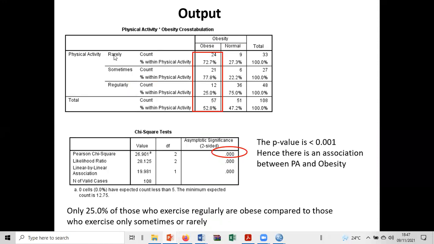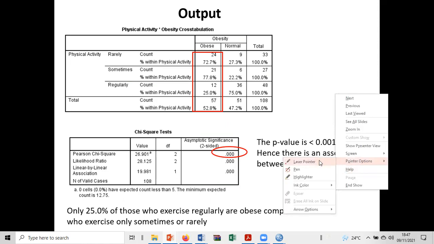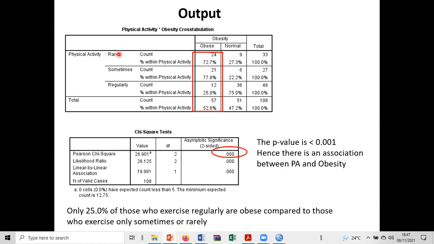Right, so here physical activity: rarely, sometimes, regularly. When I go this way, we have 33 respondents who exercise rarely. Out of 33, 24 are obese. So 24 of 33 is 72.7%. Among those who exercise rarely, 72.7% are obese.